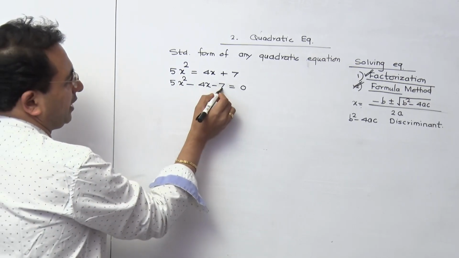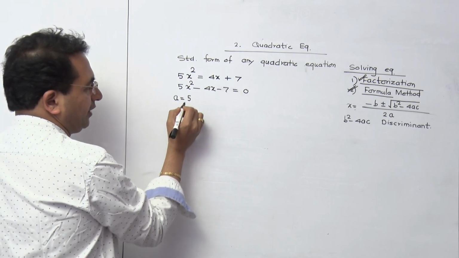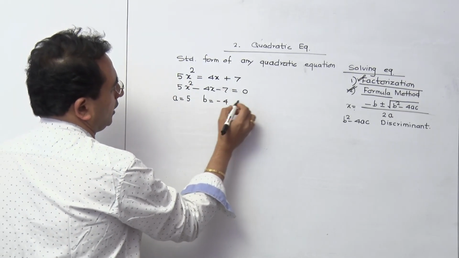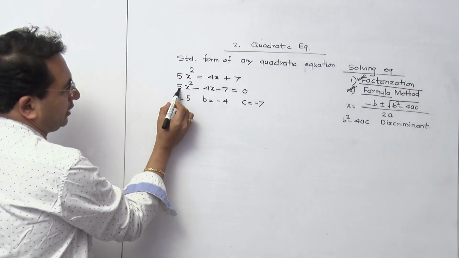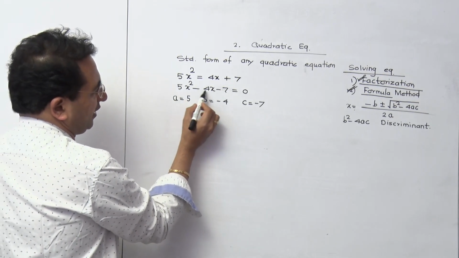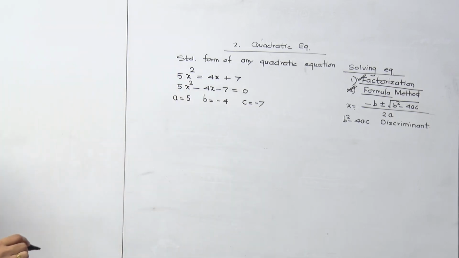Now, if you compare this equation with the standard form, the value of a is going to be 5. The value of b is going to be minus 4. And the value of c is going to be minus 7. Check this again. The value of a is 5. Value of b means coefficient of x, that is minus 4. And the value of c is like this, minus 7.